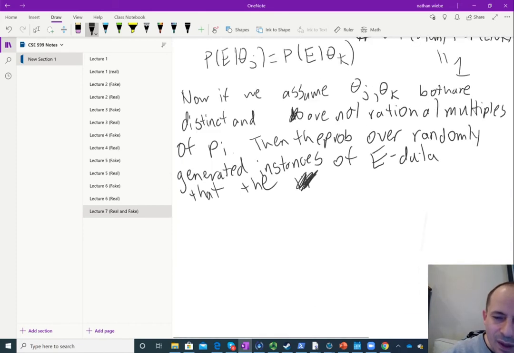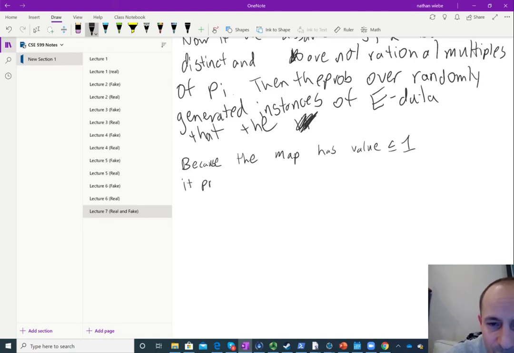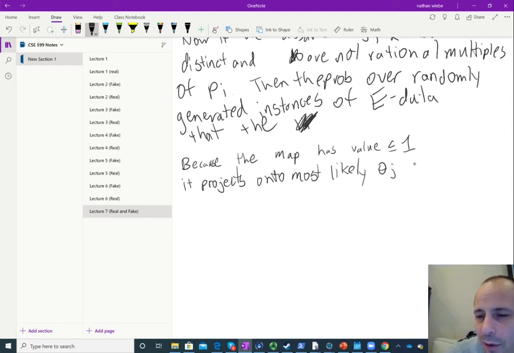So furthermore, because the map has value less than or equal to 1, it projects onto most likely theta j given the experimental data.